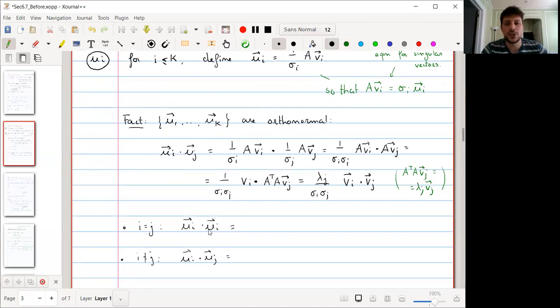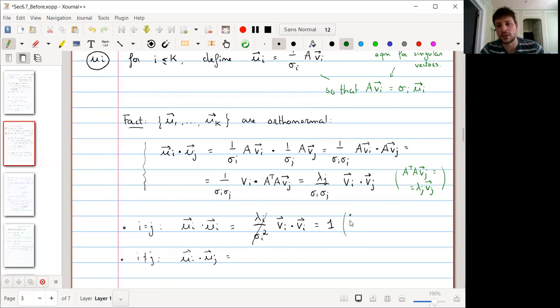If i is equal to j, then ui dot ui, by following along this chain of equalities up here, becomes lambda i over sigma i squared, vi dot vi. But sigma i is the square root of lambda i. So lambda i over sigma i squared is equal to 1. And vi dot vi is equal to 1 because the vi's are orthonormal.